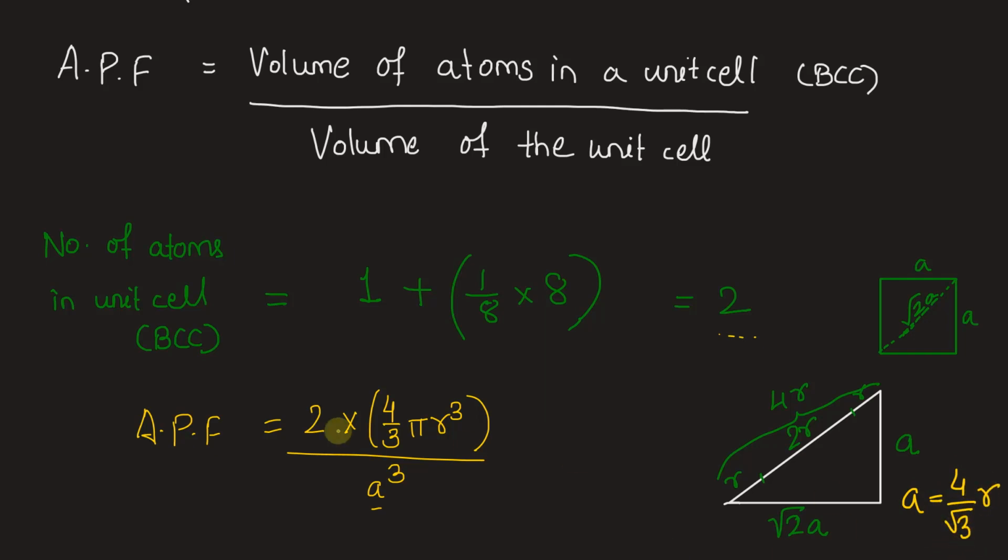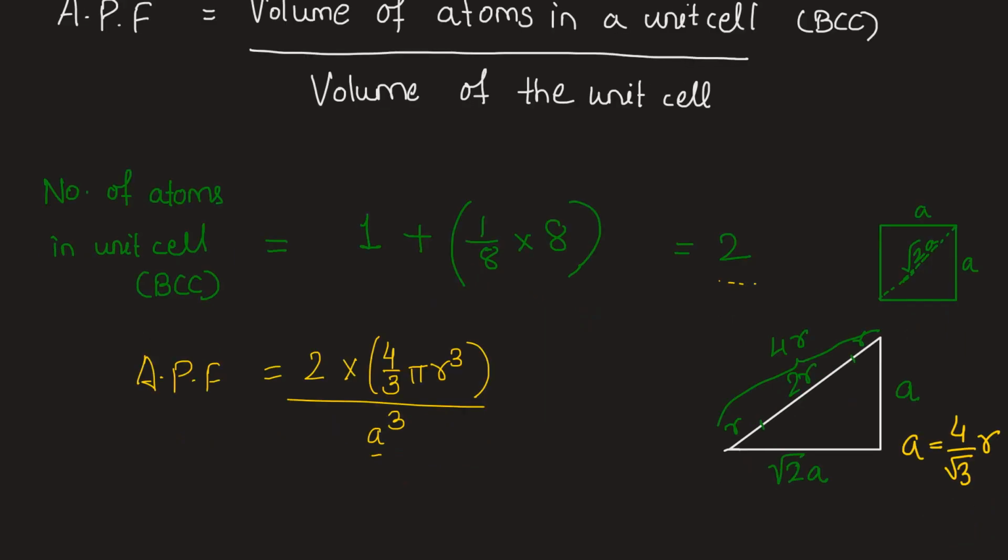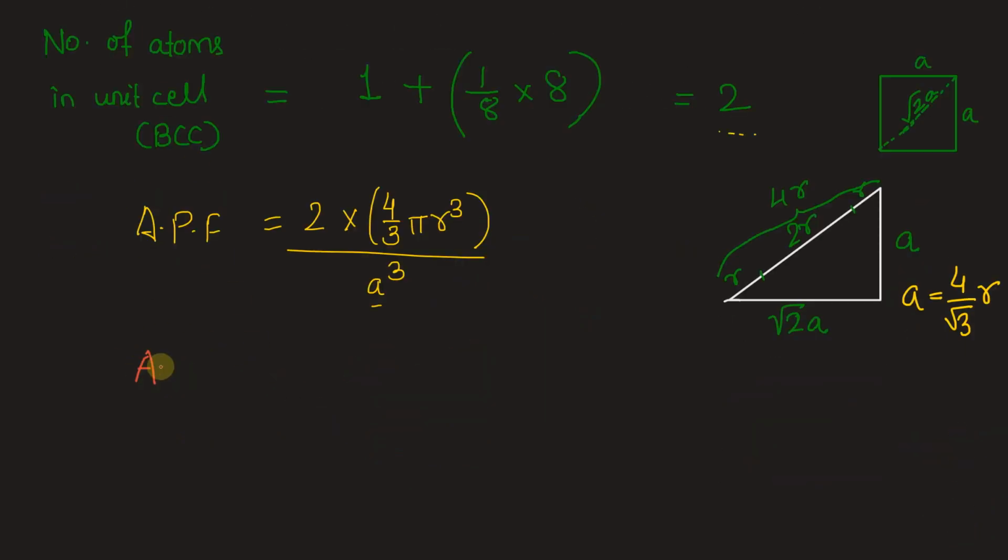We can substitute this here. So we will have APF equal to 2 times 4/3, which is 8/3 pi r cube, divided by a cube, where a is 4/√3 r. So we substitute 4/√3 cube into r cube. r cube by r cube gives us 1.